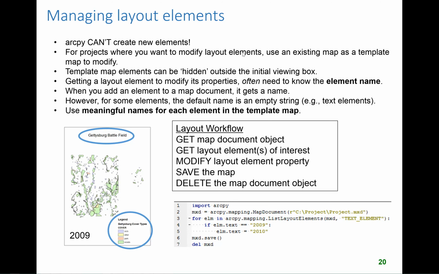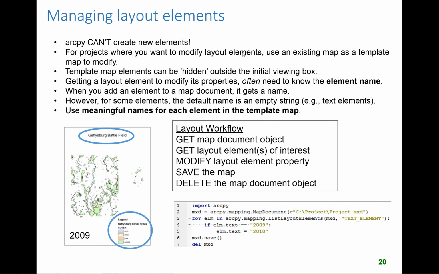When you want to get a layout element to modify its properties within your code, you often need to know the element's name or some other aspect of it. When you add an element to a map document, it automatically gets a name. However, for some elements, the default name is an empty string, like for text elements.